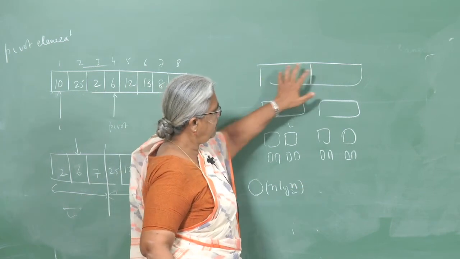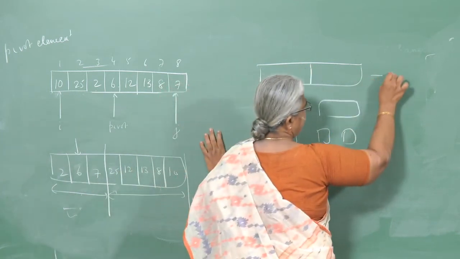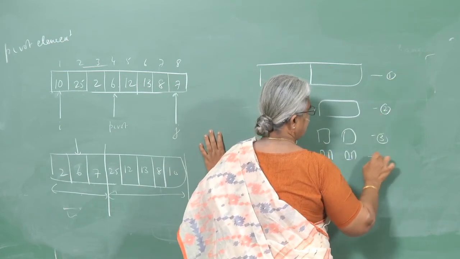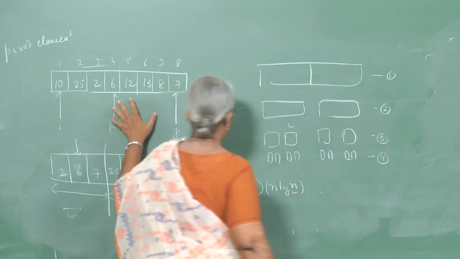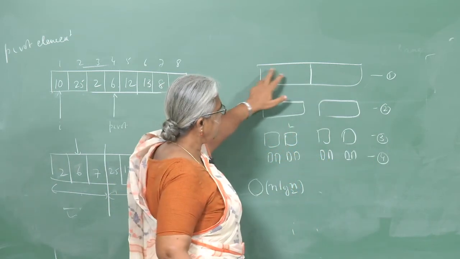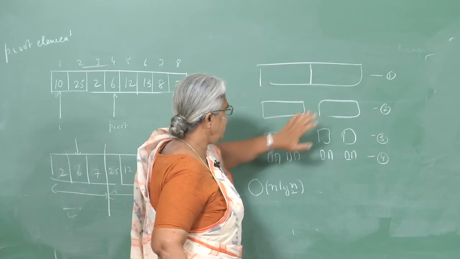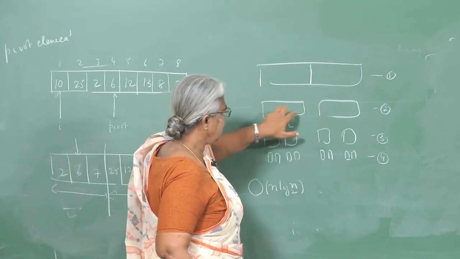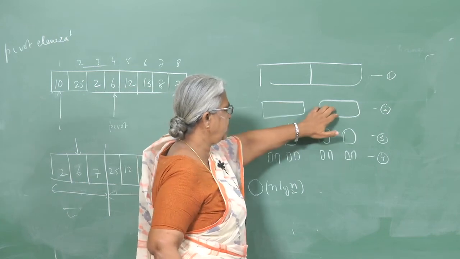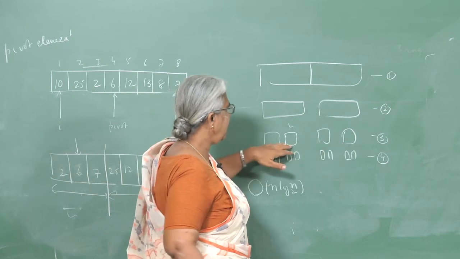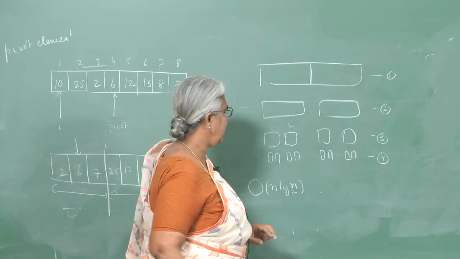In each, this is, let us say, the first time I am looking at the array, this is the second time, the third time, the fourth time. Assume that it is an array of size 8. So, the first time I am looking at the array, I am looking at n elements, then it divided into 2 parts, 4 and 4. Then again, for example, these 4 elements have to be processed, these 4 elements also have to be processed. The next 2 elements, again all the 8 elements have to be processed, and here finally all the 8 elements.